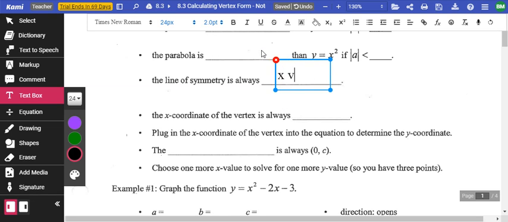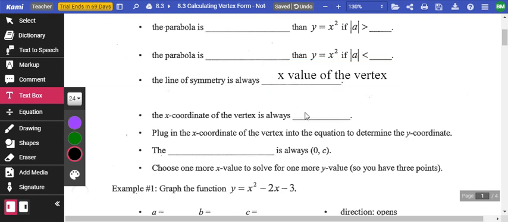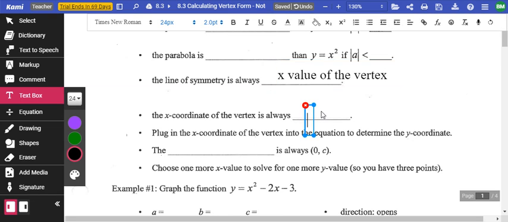The x coordinate of the vertex is always the line of symmetry. Not sure why we're saying this twice, but okay.